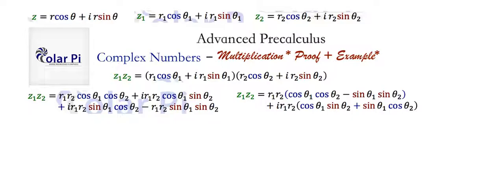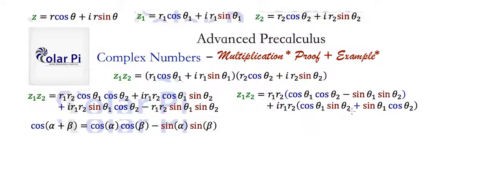Now we need to simplify this. In order to do so, we can use the sine and cosine angle addition formulas. We know that cosine of alpha plus beta for two angles alpha and beta is this here. Now, if you take alpha to be theta 1 and beta to be theta 2, you'll recognize that this, multiplying r1 and r2 in the real part, is equal to cosine of theta 1 plus theta 2.